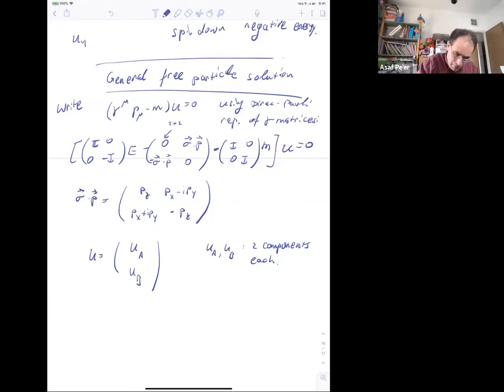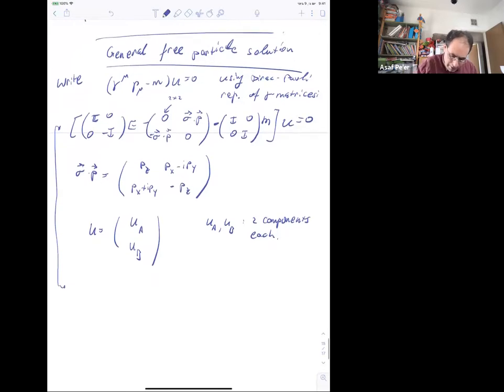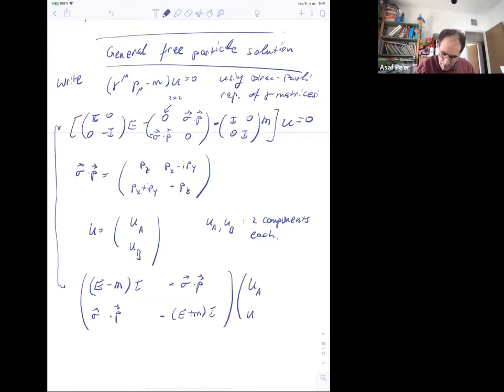And so I have this equation, which I merge together into one big form. That's going to be E minus M I, minus sigma dot P, sigma dot P, then minus E plus M I, times UA, UB, is equal to 0. Okay, that's quite straightforward.